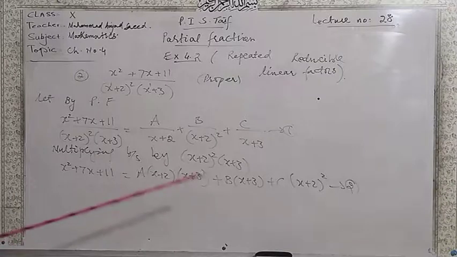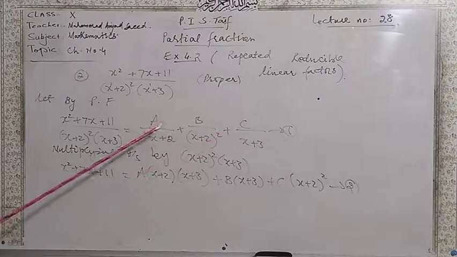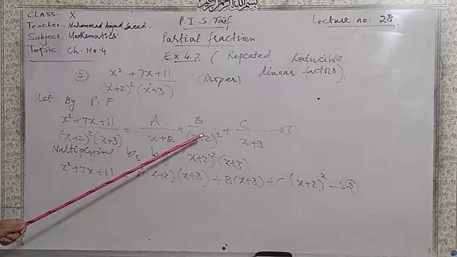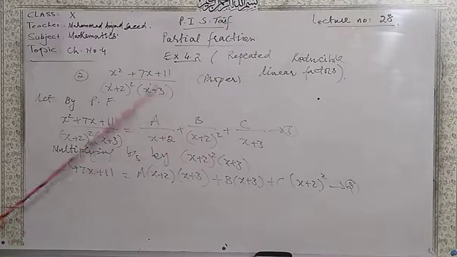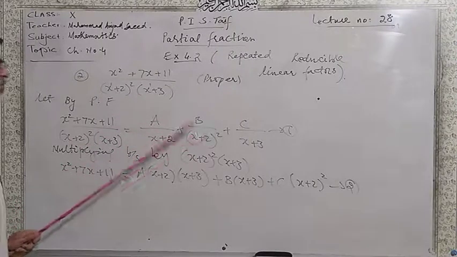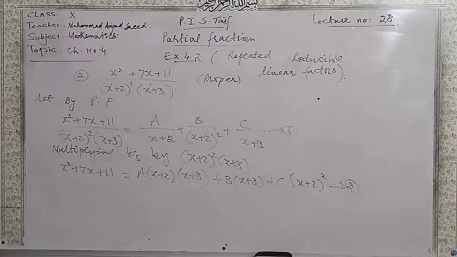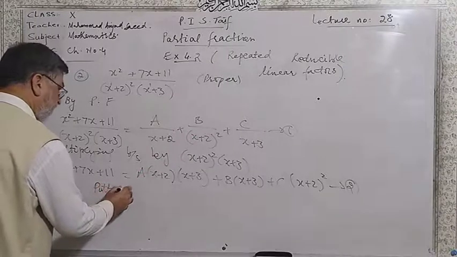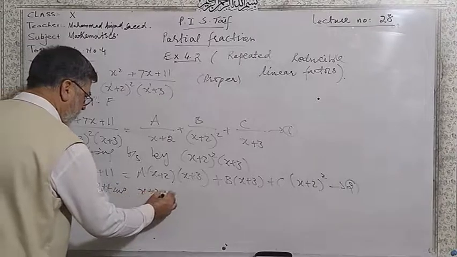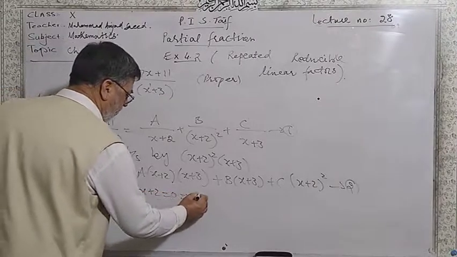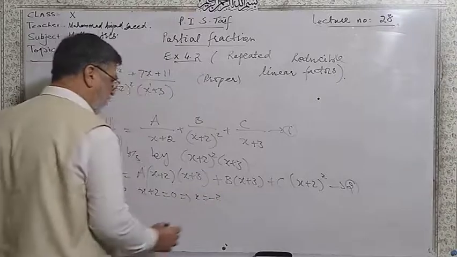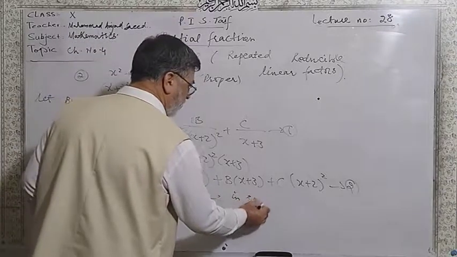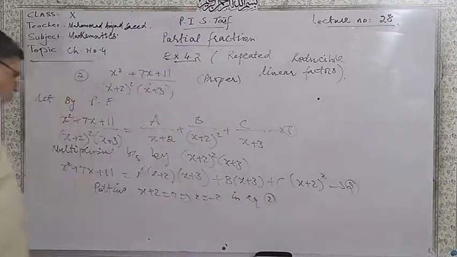Dear students, we have two linear factors in denominator. X plus 2, although it is coming 2 times, but only one time you can take x plus 2 is equal to 0. So putting x plus 2 equal to 0 implies that x is equal to minus 2 in equation number 2.